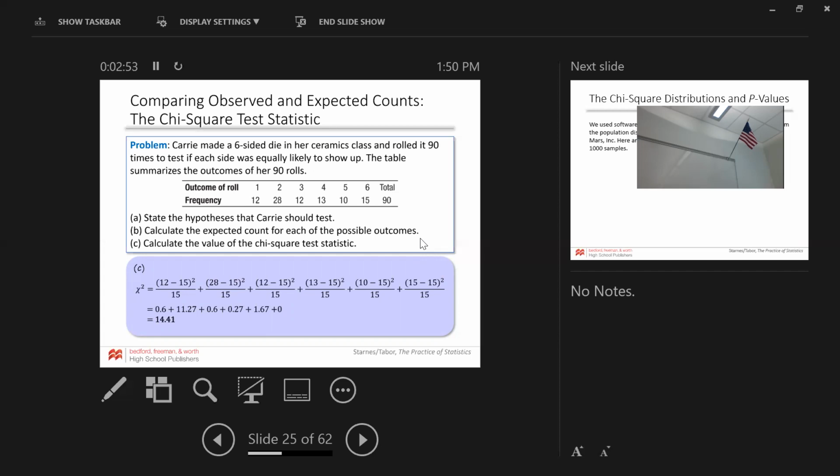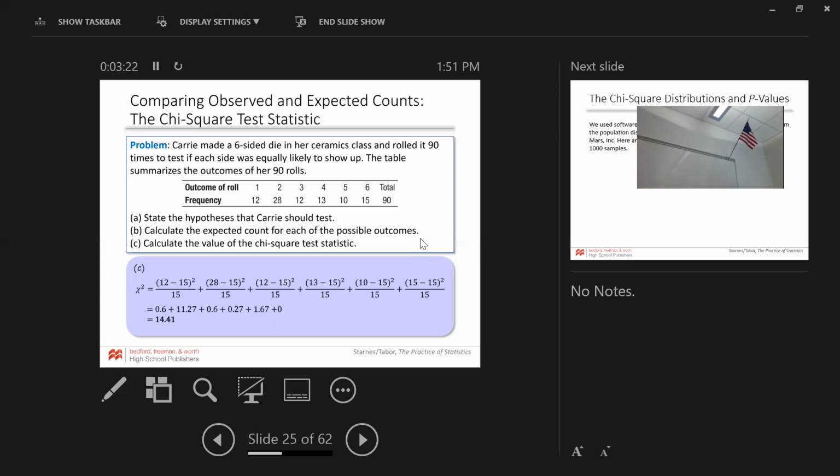Because you would get a 0 if you added these up, because the negatives will work against the positives. And then we divide by the expected amount. So for the 1, we get a 6/10. And we add all of them up, and we end up with 14 and 4/100s. That doesn't mean anything. That's just the chi-squared statistic.